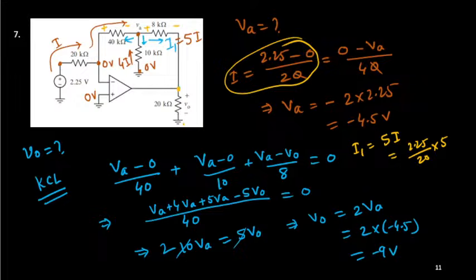So V0 will be 0 minus this drop. Be careful to write this. V0 will be 0 minus the potential drop across the resistance, that is I into 40, and minus the potential drop across 8 kilo ohms, minus I1 times 8. I hope you will be getting the same results.